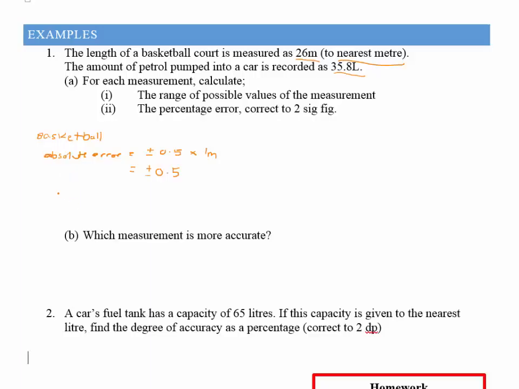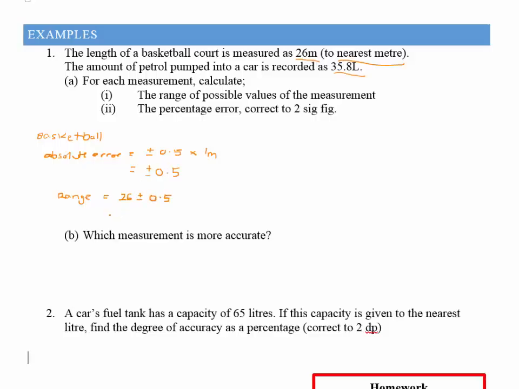Now what we need to do is find the range of values. Can you see we've got 26 meters? So 26 meters is the actual value that we're starting with, and we're doing plus or minus half a meter on either side.